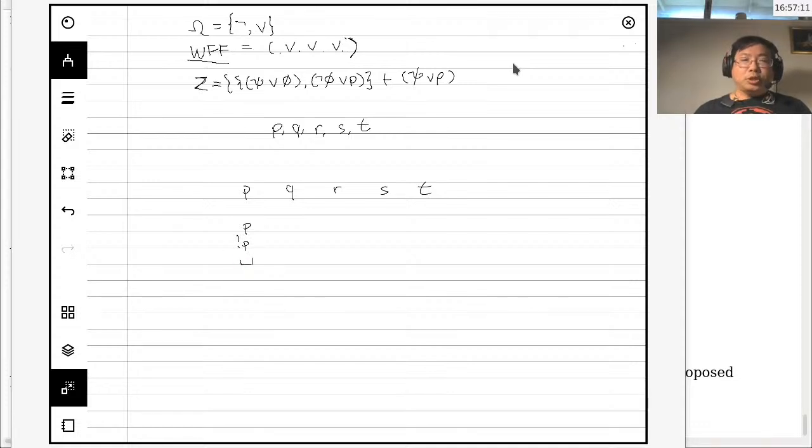P is not even mentioned in this disjunction. Those are the only 3 options available to variable P, or how it appears in a disjunction. Does everybody understand why we only have these 3 options for this specific variable P in any well-formed formula in this particular space?